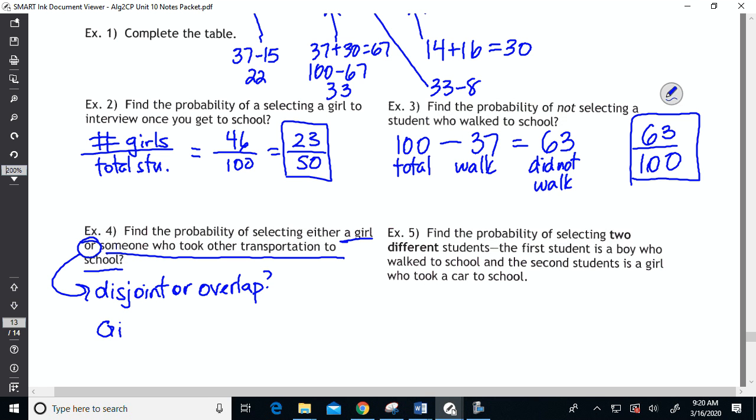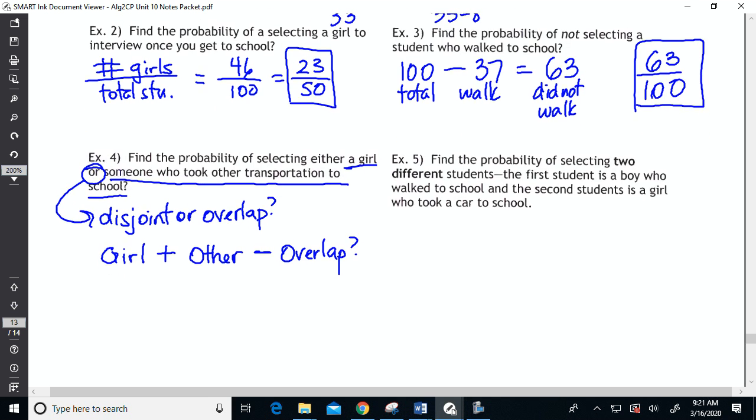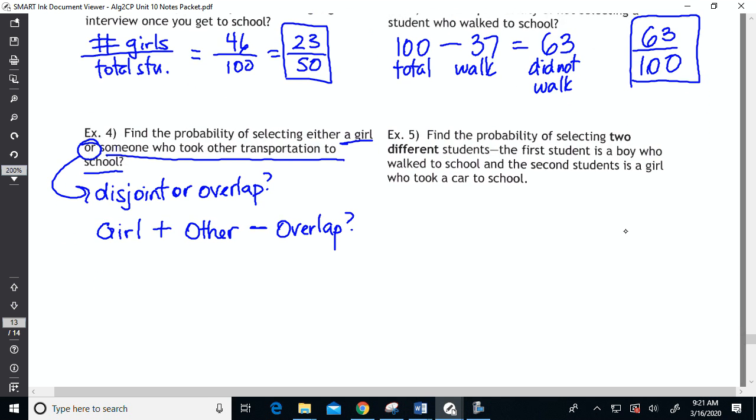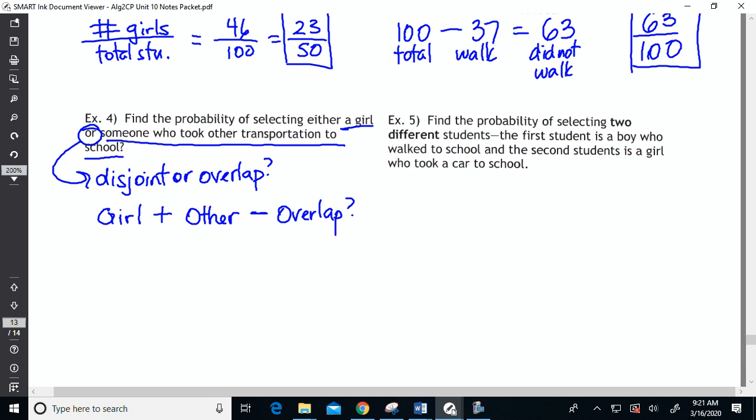We're looking at the probability of a girl, the probability of someone who took other transportation, and whether there's an overlap. Remember, the girl and the other probabilities we would add up. The overlap we would subtract if there's an overlap. So let's go ahead and get to work with that.